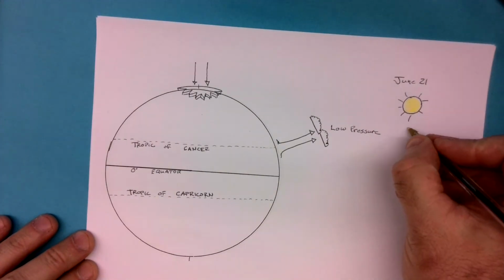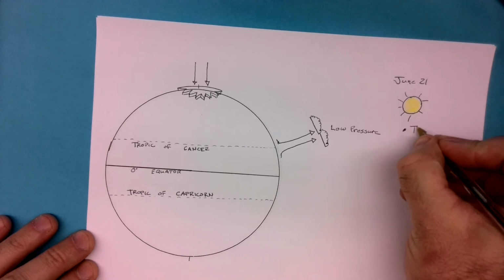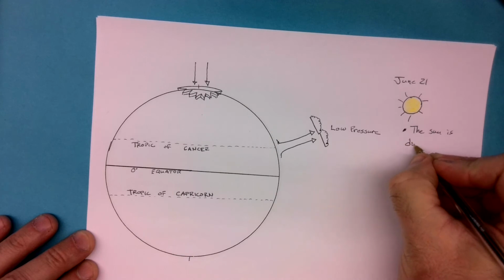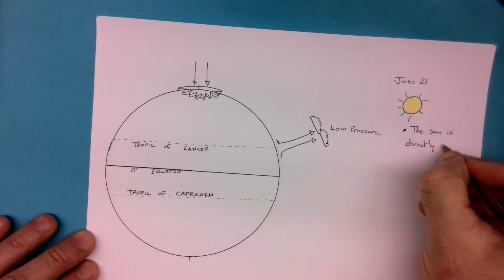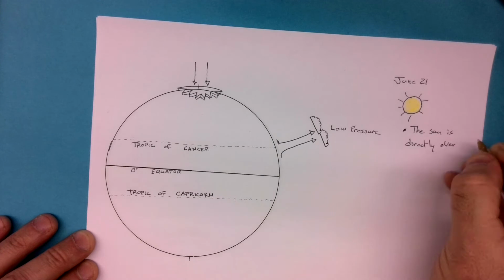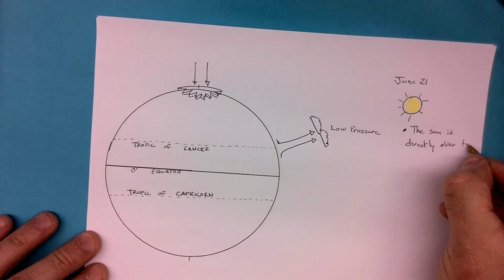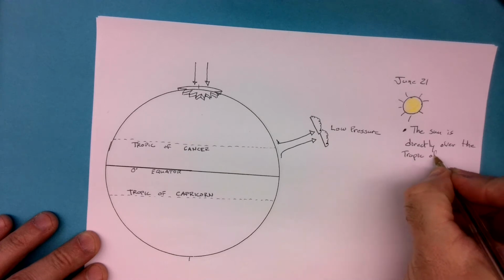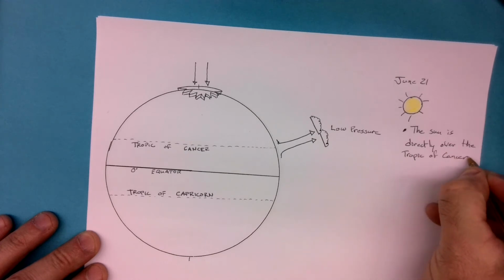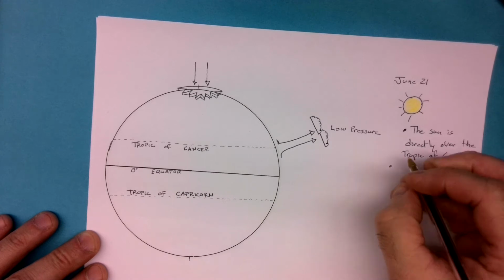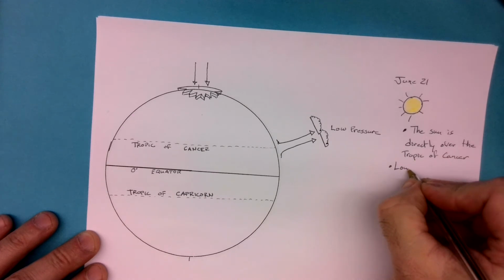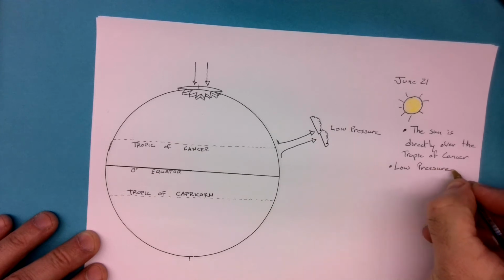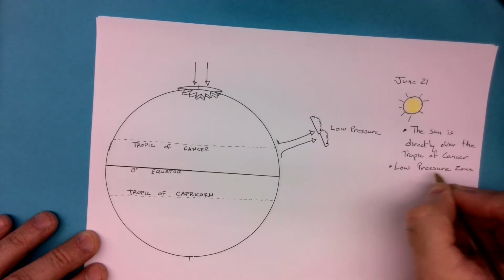Okay, the sun is directly over the Tropic of Cancer. This is the beginning of the low pressure zone moves. That's the other thing I had to write. Low pressure zone moves.